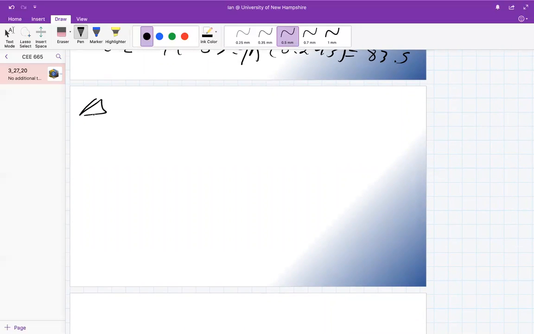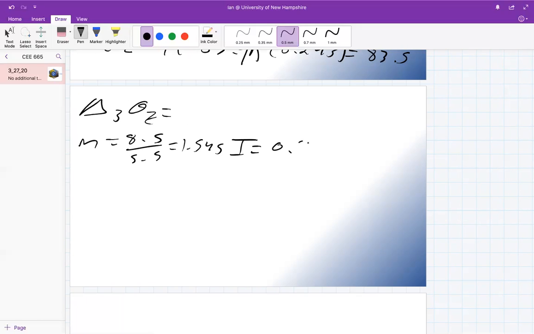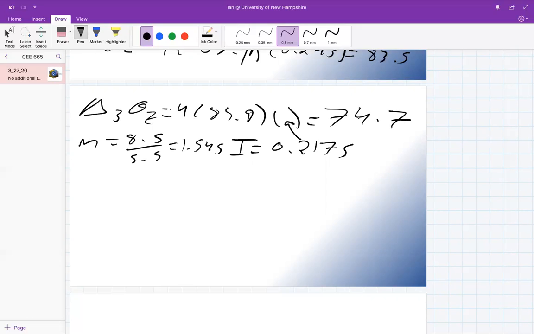So now for the third layer, M now equals 8.5 over 5.5, which will give us 1.545, and that I will equal 0.2175. So we will get 4 times 85.9 times this value, which will give us 74.7.